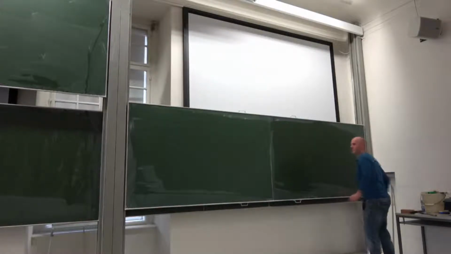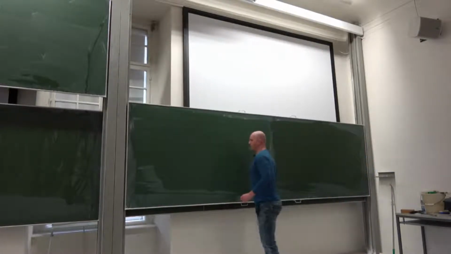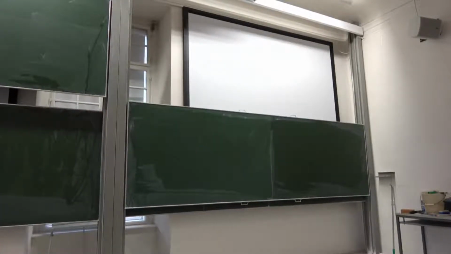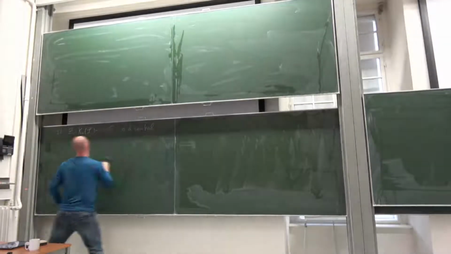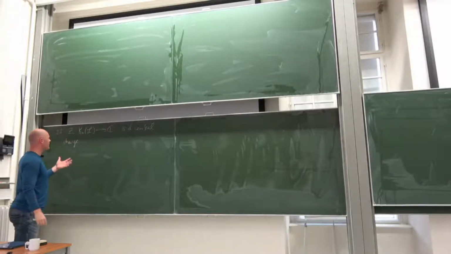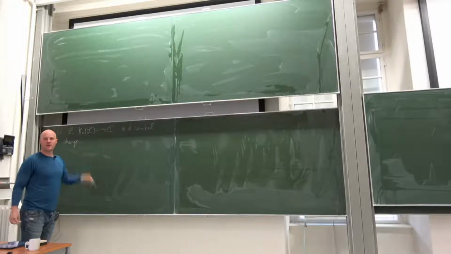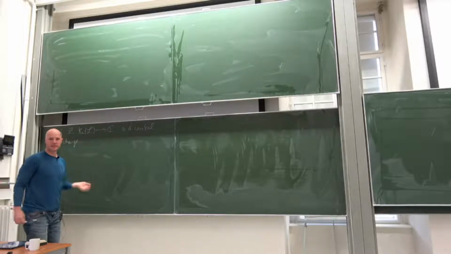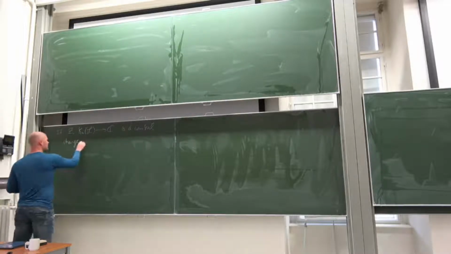Okay. Now, if you have a central charge, a stability function, it determines a collection of objects in the abelian category called the stable objects or the semi-stable objects.